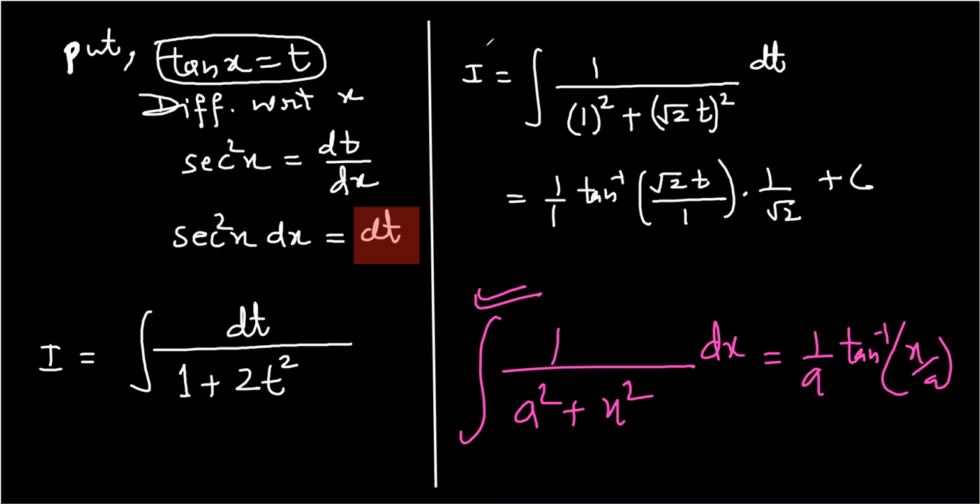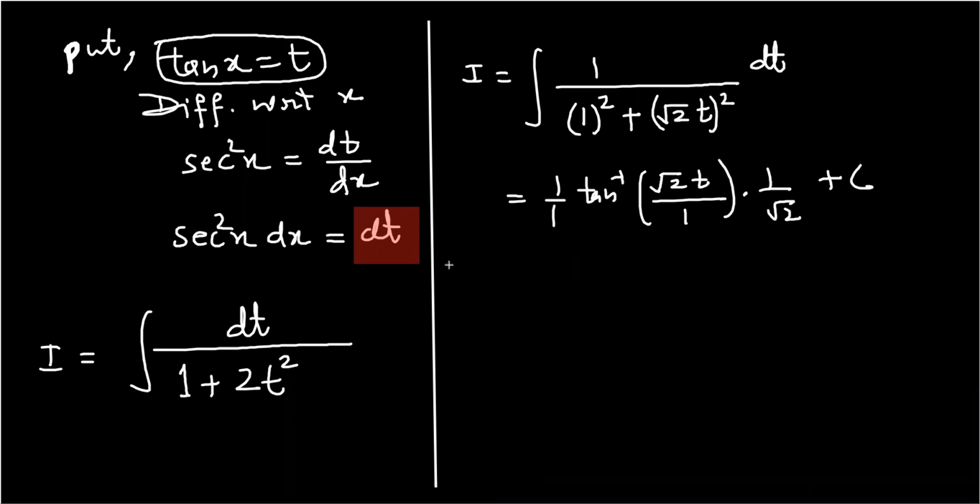So I hope you follow why I have to multiply by 1 upon root 2. I multiplied by 1 upon root 2 because where I'm applying the result, at that step I have root 2 as a coefficient. Root 2 is the coefficient of t here. So I have to divide by the coefficient.